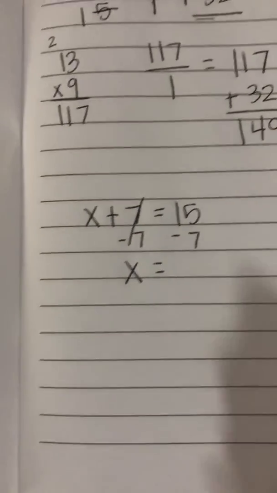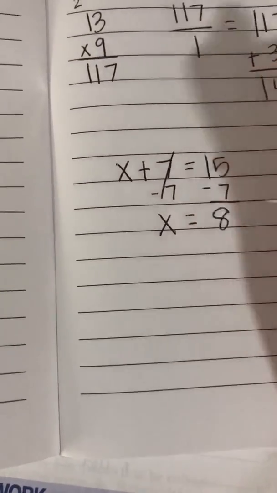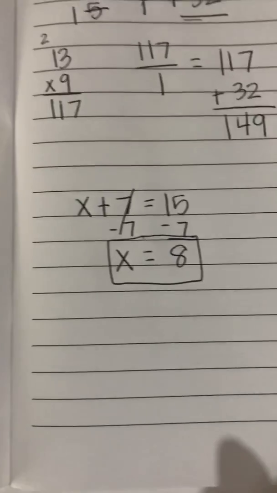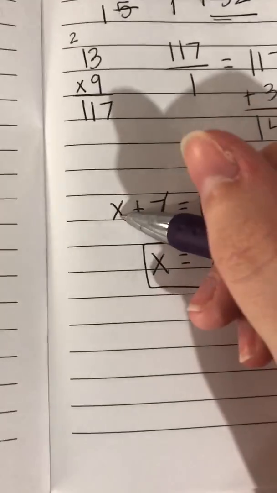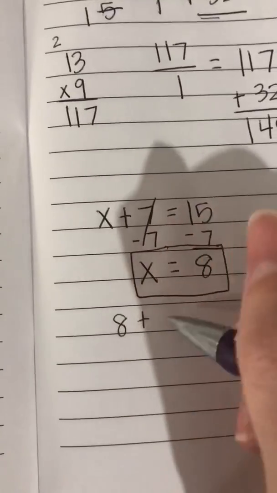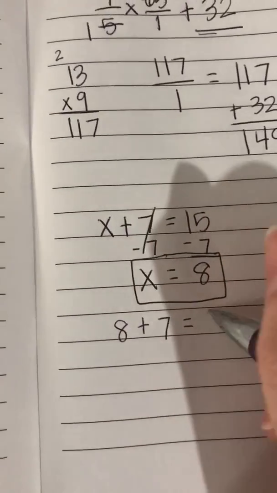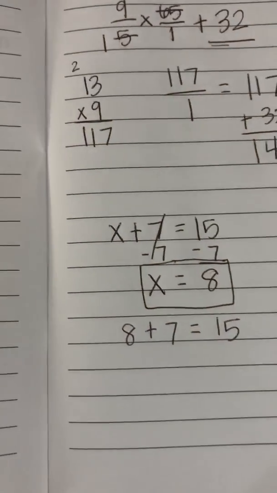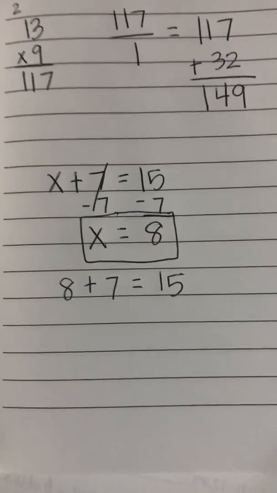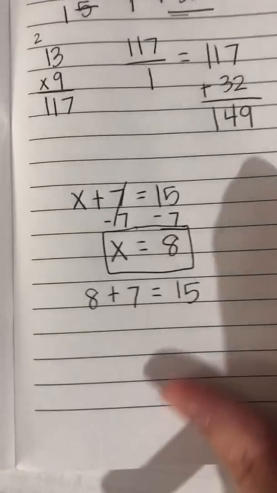And 15 minus 7 is 8. So x equals 8. Now, I could check this and plug it back in where x is. So I could say 8 plus 7 equals 15. Now, if that's true, then we did it correctly, and 8 plus 7 is 15. So we got it right.